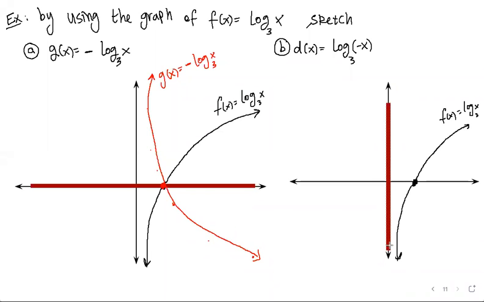So we reflect all the points around this mirror. This point will be around here, and this point around here. This point here, here. So the new curve will be something like that. This is the function d of x. We reflect everything around this.